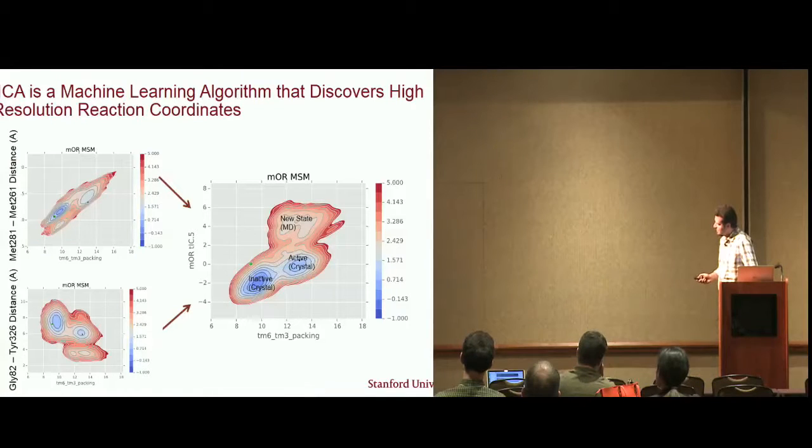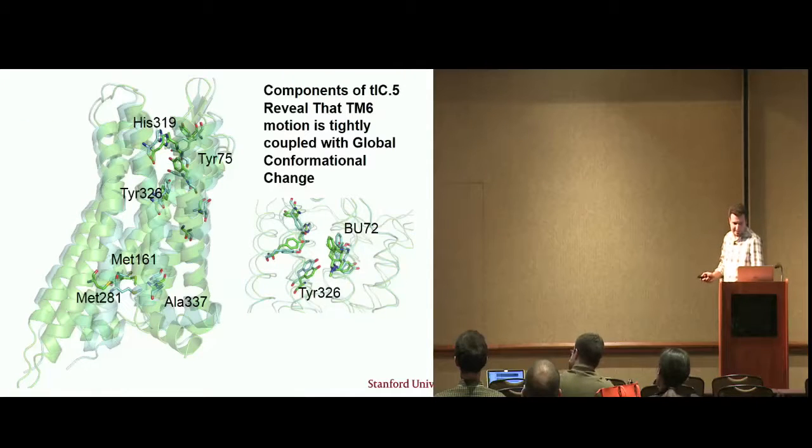So we found this active crystal structure here in the free energy landscape, and there is a new state here. You can see there is a well created, and that new state is mediating the move toward the active crystal structure, which is a kind of induced fit between the ligand and also tyrosine 326.